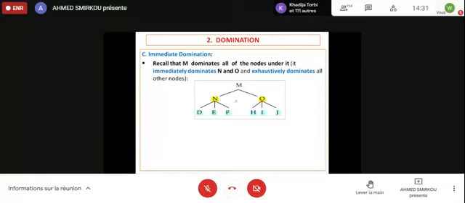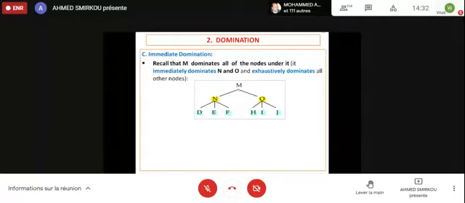Immediate domination means the first nodes that are dominated by a node. So node M immediately dominates N and O because they're the first nodes it dominates. Between M and N, there is nothing.